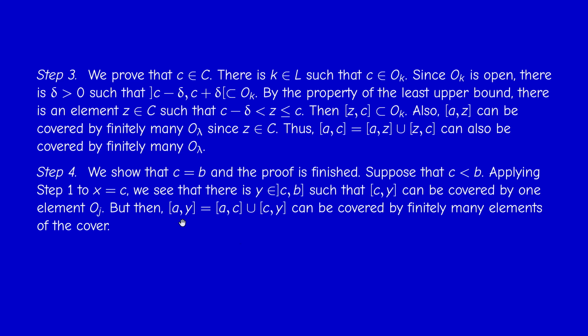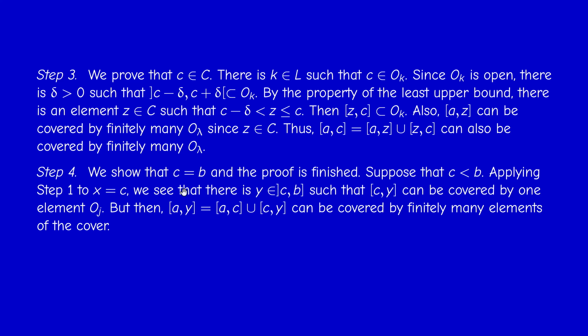Therefore, exactly as we did in step 3, the interval AY can be written as AC union CY. And now AC is covered by finitely many elements according to step 3, and CY is covered by one element, so the union is also covered by finitely many elements.